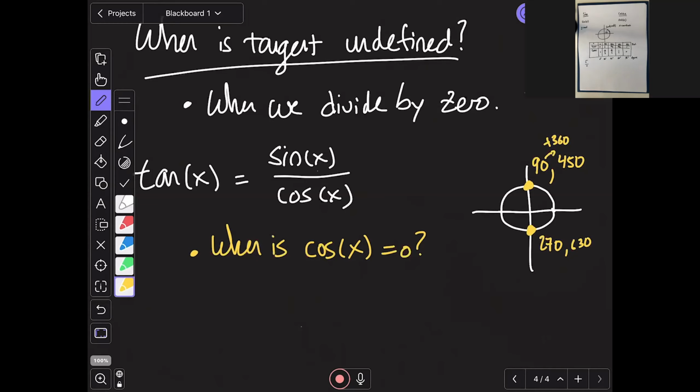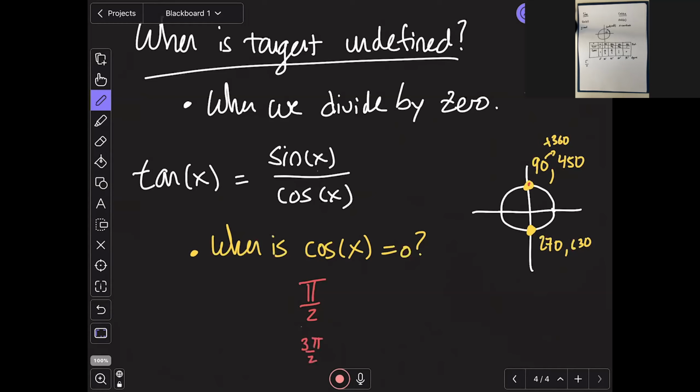If we think about this in radians, these radian measures are pi over 2 up here at the top, and then the bottom would be 3 pi over 2.